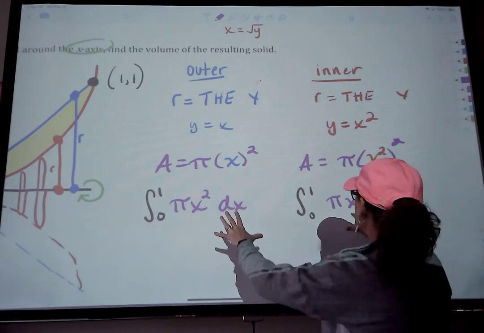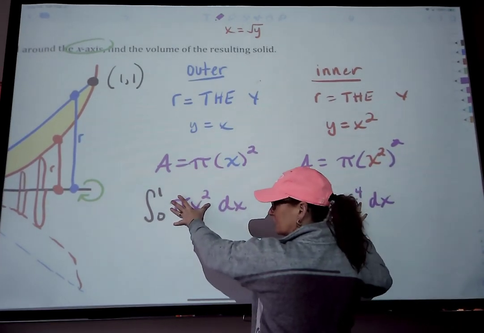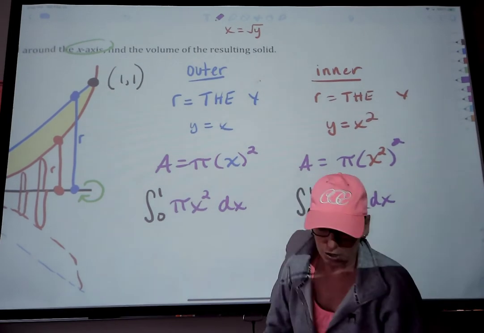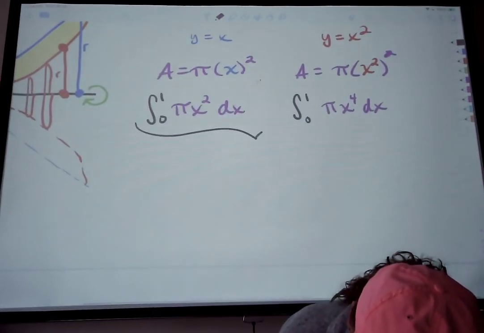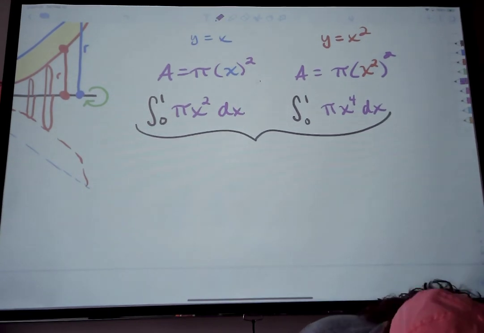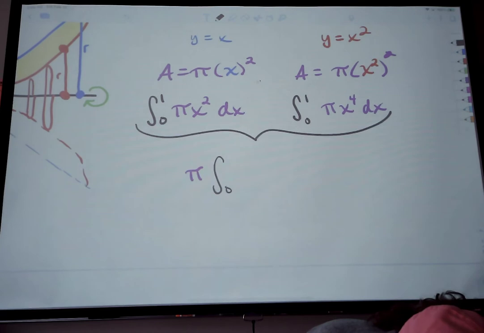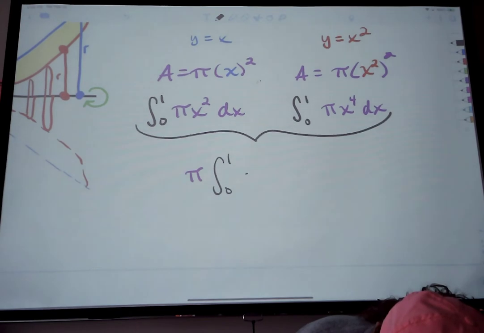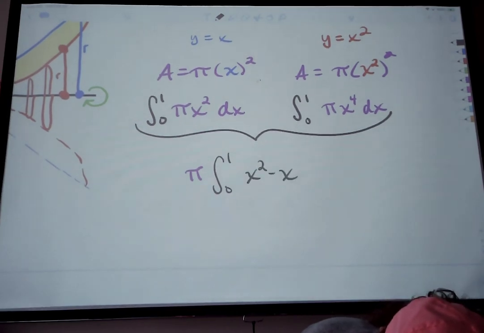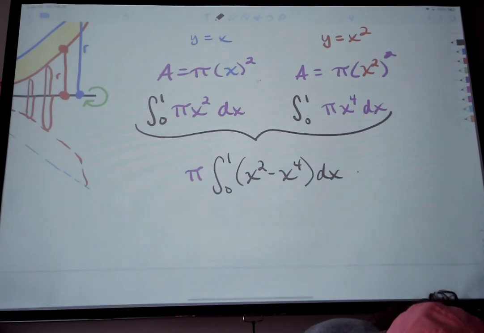And now that you've got this, you can certainly do these as separate integrals, or you may combine them and say, you know what, they both have a pi. They're both from 0 to 1. And they go x squared minus x to the 4th dx.